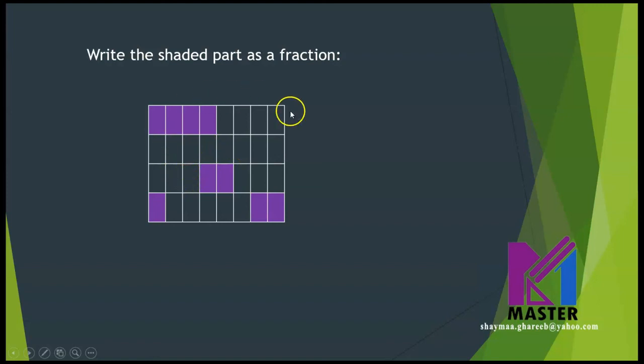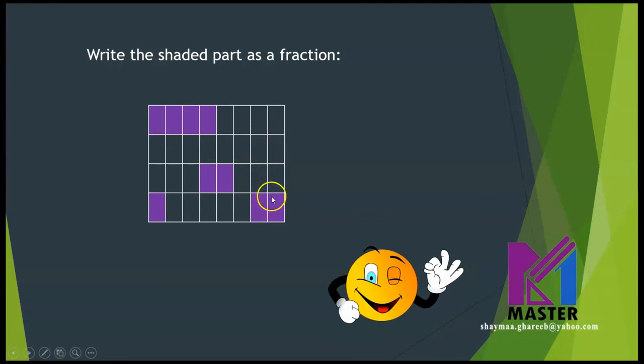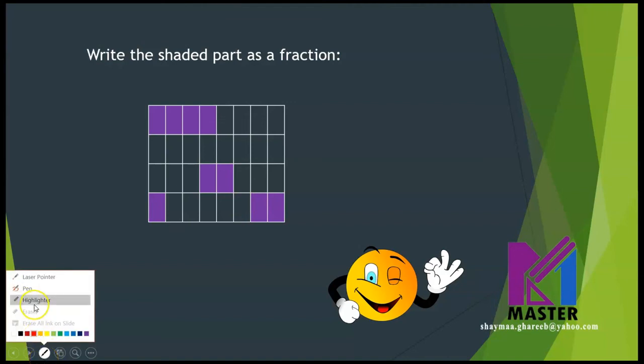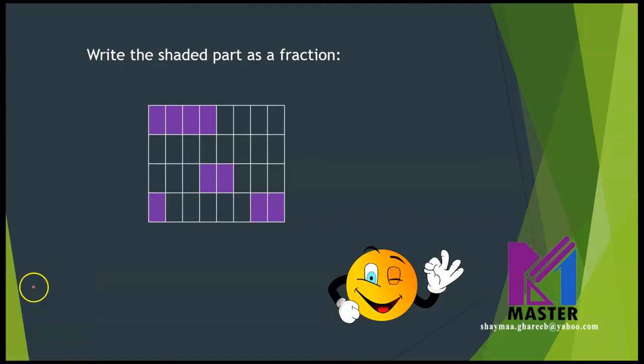What about the total number of parts in the whole shape? 1, 2, 3, 4, 5, 6, 7, 8, 1, 2, 3, 4. So 8 times 4 equals 32. So we can say that the total number of parts is 32 and the shaded parts are 9. So our fraction will be 9 over 32.